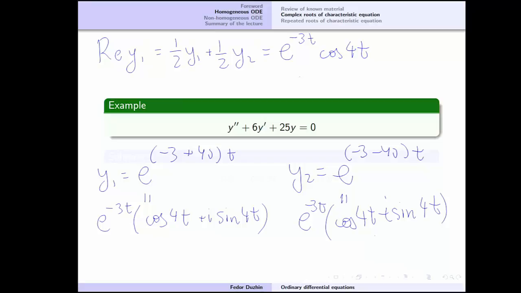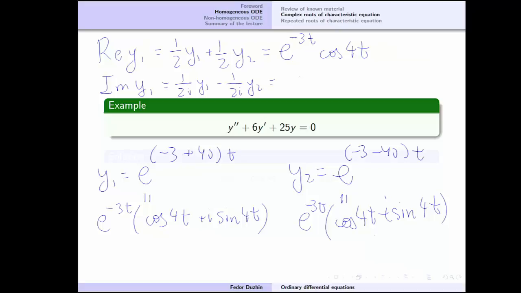But the imaginary part can be extracted in the same way. So the imaginary part of, say, the first solution is going to be 1 over 2i y1 minus 1 over 2i y2. Indeed, if you subtract y2 minus y1, then cosine 4t is going to cancel out, but sine 4t is going to survive.